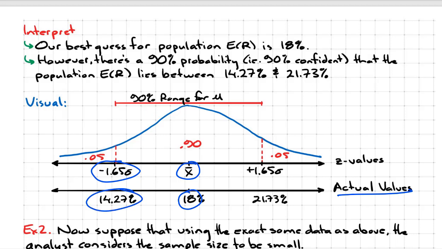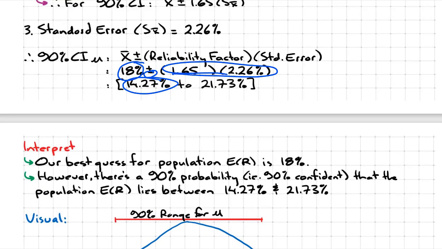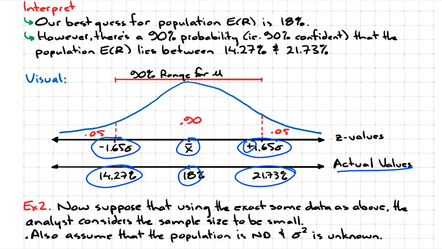And how did you get the 21.73 over there? This is the right side of the confidence interval, so we just go up 1.65. So let's see the math here. You start with 18 and then plus 1.65 times 2.26. That gives you 21.73. And that's where we got that number from.